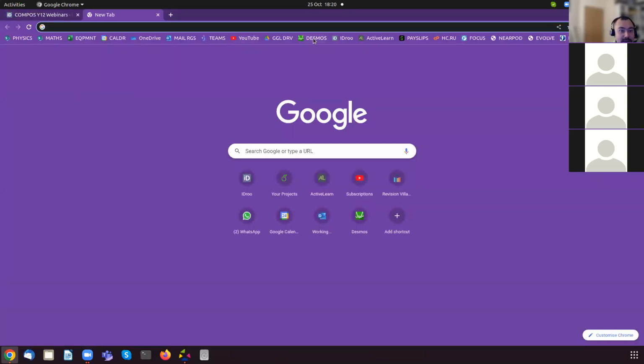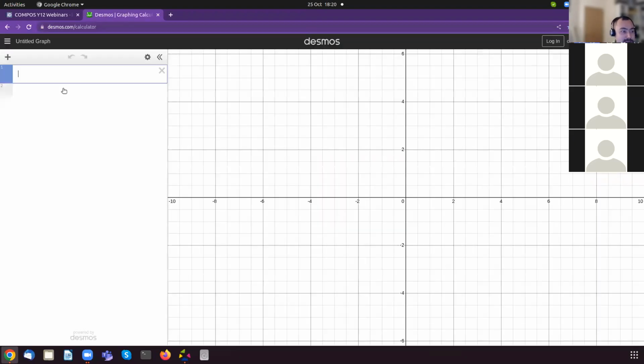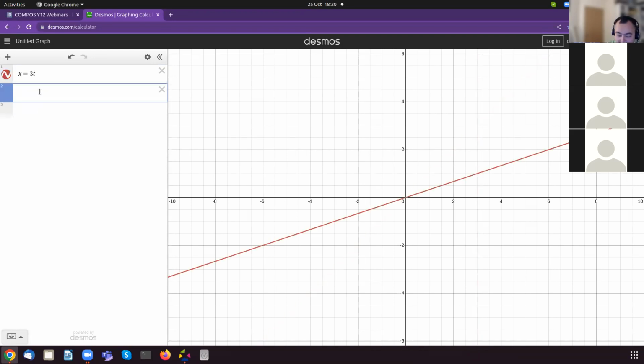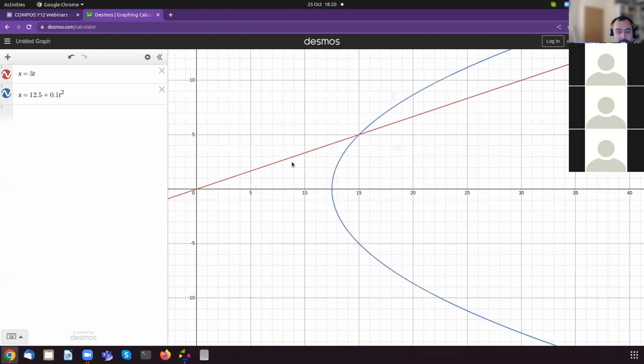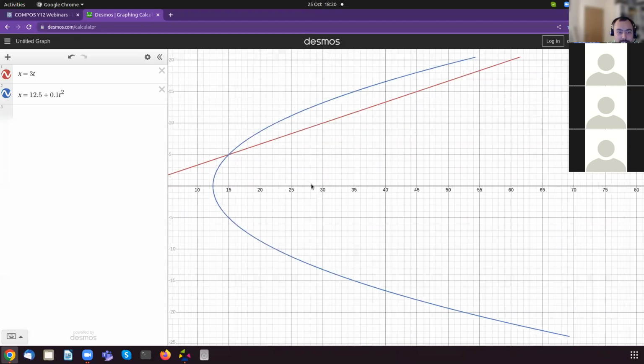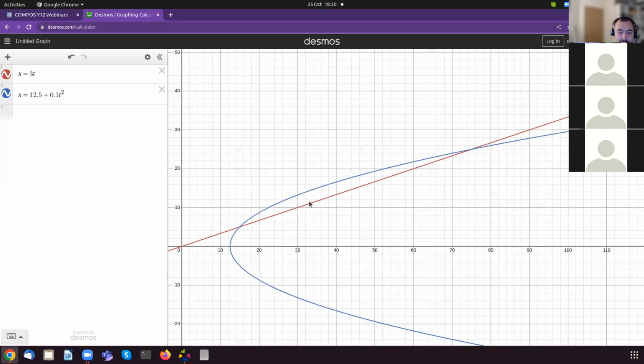So let's do my favorite, Desmos. So x is equal to 3t, and x is equal to 12.5 plus 0.1t squared. All right.